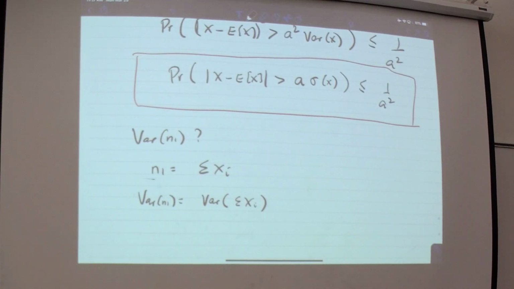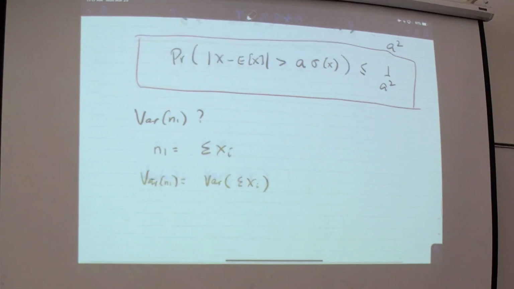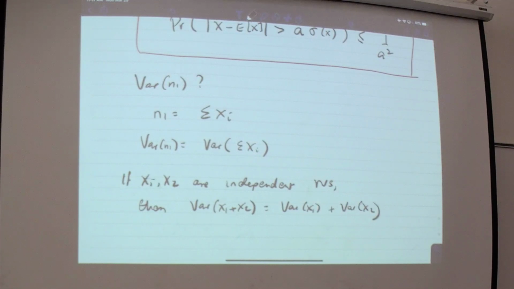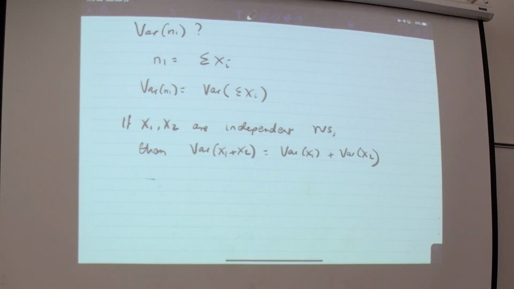In other words, if x1 and x2 are independent random variables, then the variance of x1 plus x2 is equal to the variance of x1 plus the variance of x2. And the way you prove this is basically by remembering that if two variables are independent, the probability of x1 and x2 together is equal to the probability of x1 times the probability of x2. And you just plug that into the definition of variance, and you can just work this whole thing out. It all factors out.